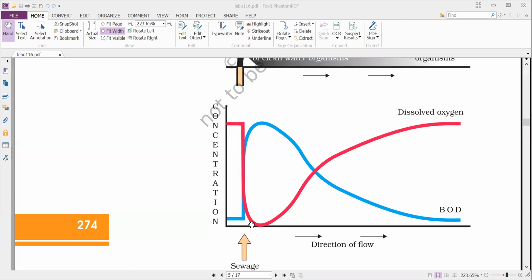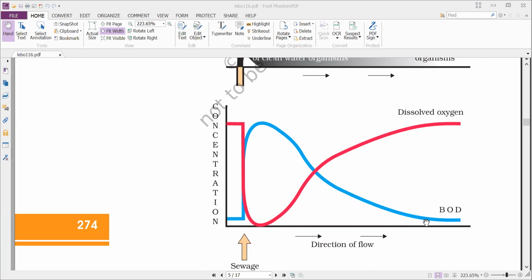That means the demand for oxygen is decreasing, indicating that less organic matter is present. So if the dissolved oxygen is more, the BOD is decreasing.